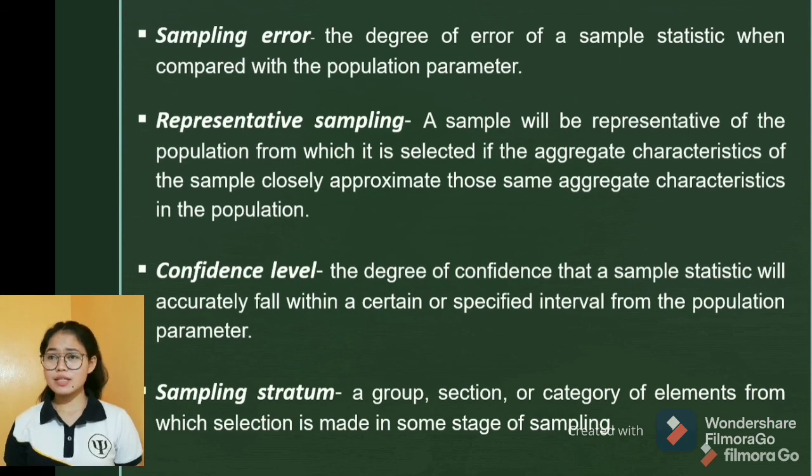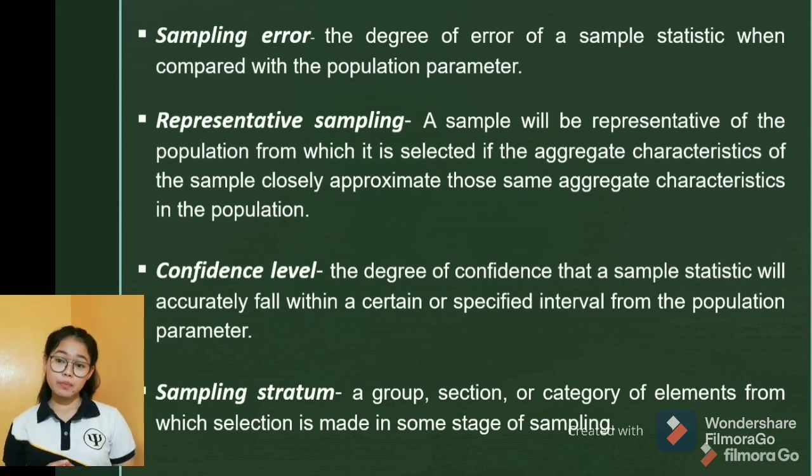For instance, our population mean is 80 and our sample mean is 40. Well then, the sampling error there is 40. And we should always remember that the maximum acceptable sampling error is 5%.